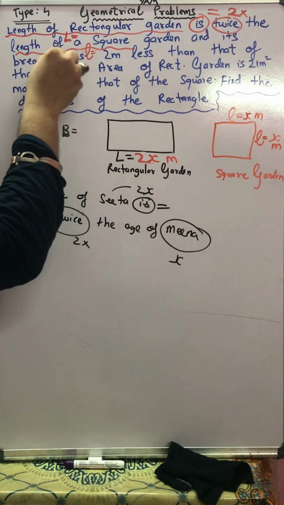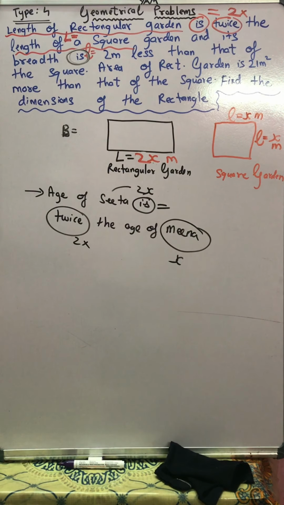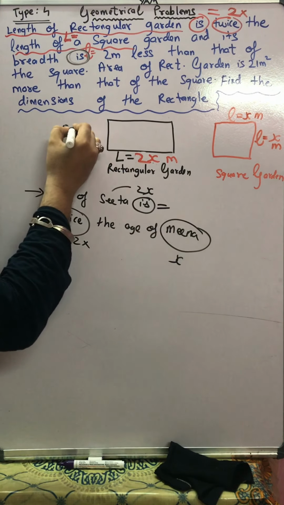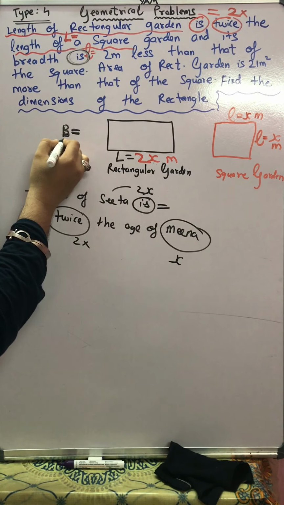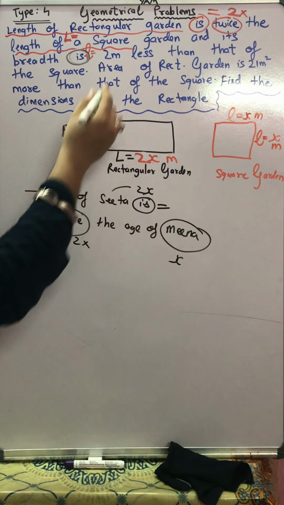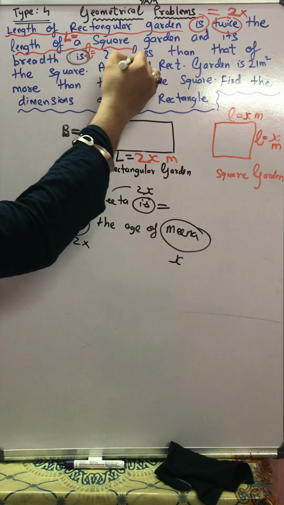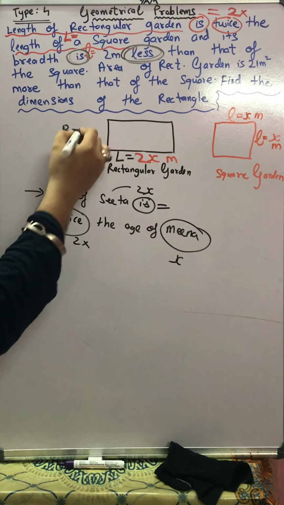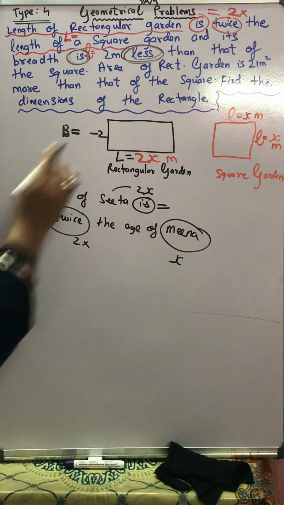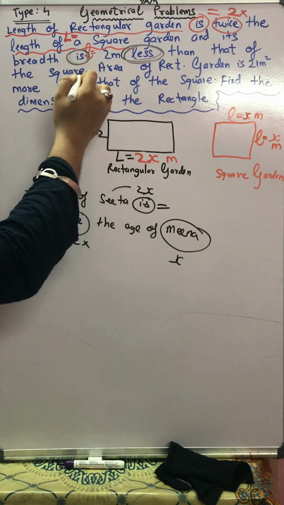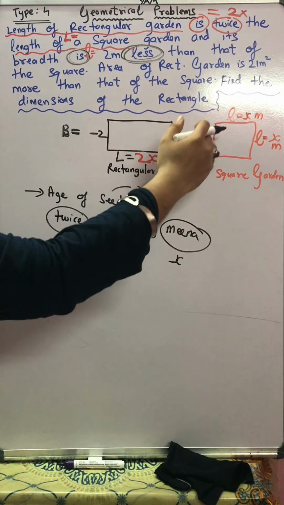Breadth is. First I see the word is. What do you mean by is? Is means equal to. So I put equal to. The breadth of the rectangle, capital B, is equal to 2 meters less. Here the word less is mentioned. Less means minus 2, then that of the square, the breadth of the square.